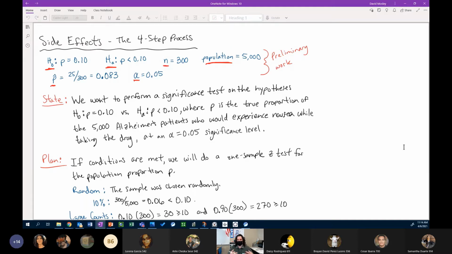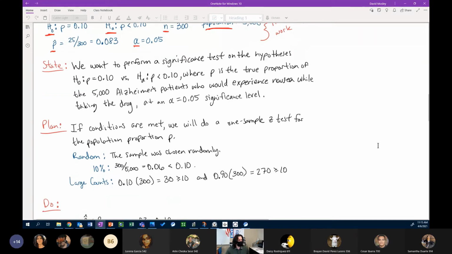It's going to help them sell their drug. Where p is the true proportion of the 5,000 Alzheimer's patients who would experience nausea while taking the drug, at an alpha equals 0.05 significance level. So this is all step 1 of our 4-step process. We're stating what we're going to do. We give the hypotheses, I've stated parameters and what they mean, and what the significance level is that I'm using.